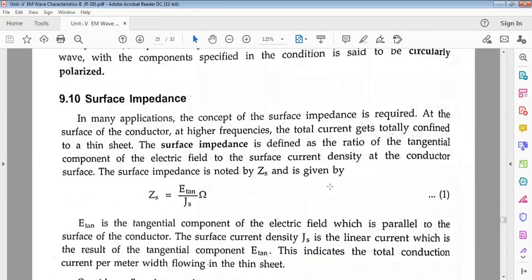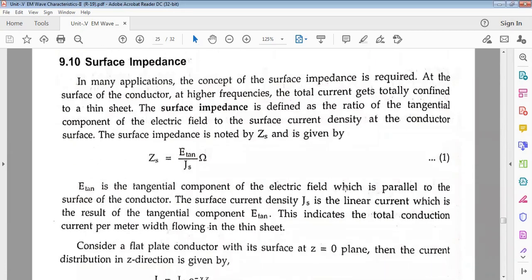So another topic you can go for is surface impedance. In many applications, the concept of surface impedance is required. At the surface of the conductor at high frequencies, the total current gets totally confined to a thin sheet.